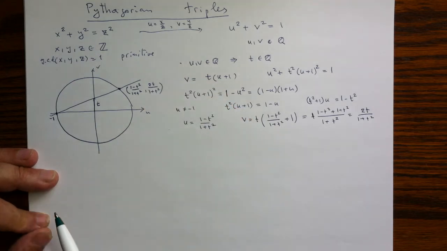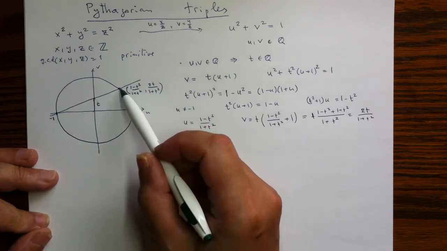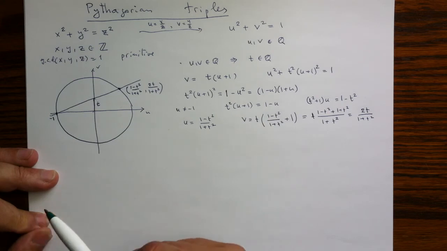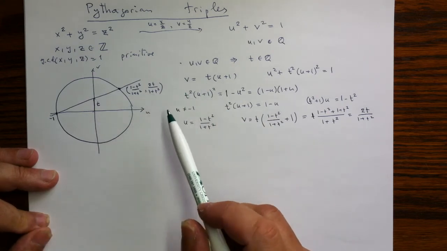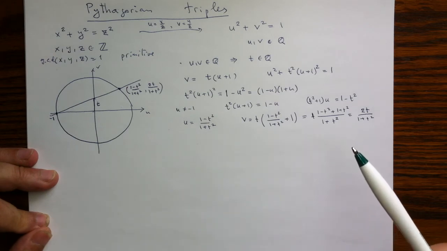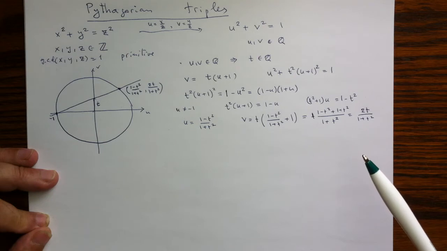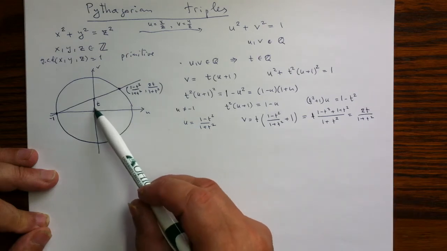That is labeling, in terms of this parameter t, of all the points on the circle. So really we don't care here in this computation if t is rational or not. It's just a one parameter parameterization of the circle, and the parameter works well apart from the point where t becomes infinite.